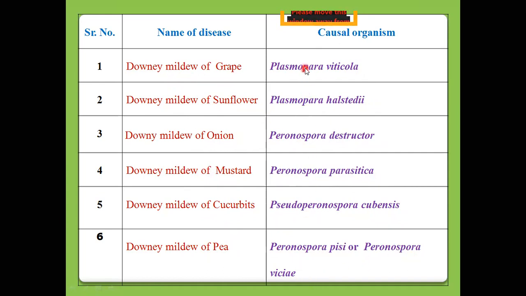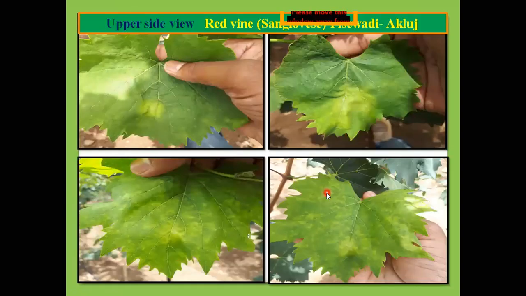Okay, so these are the genera causing downy mildew disease in grapes, sunflower, onion, mustard, cucurbits, and pea. Let us see one by one. The first one, downy mildew disease of grapes.